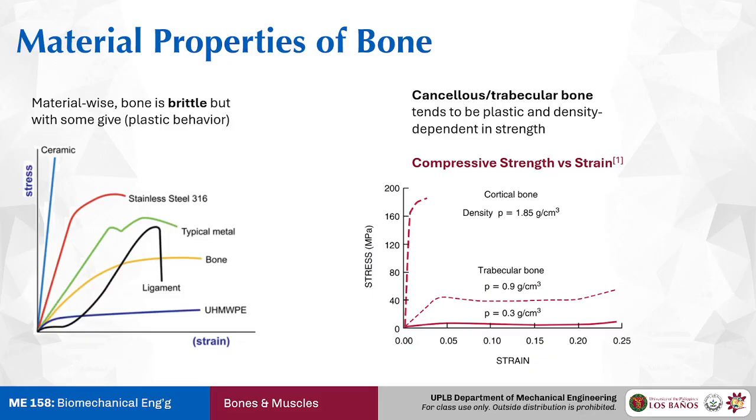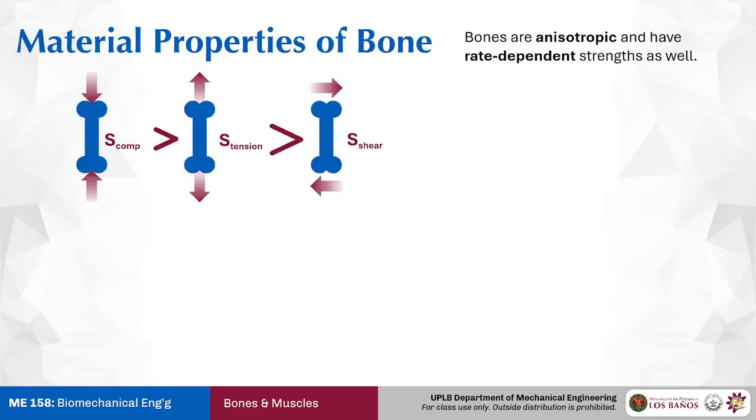Now, is the strength uniform in all directions? Of course, since we're talking about organic structures, it does display some directionality. So, a difference in properties with respect to direction is something we call anisotropy. So, isotropy is uniformity in properties, while anisotropy is the non-uniformity.